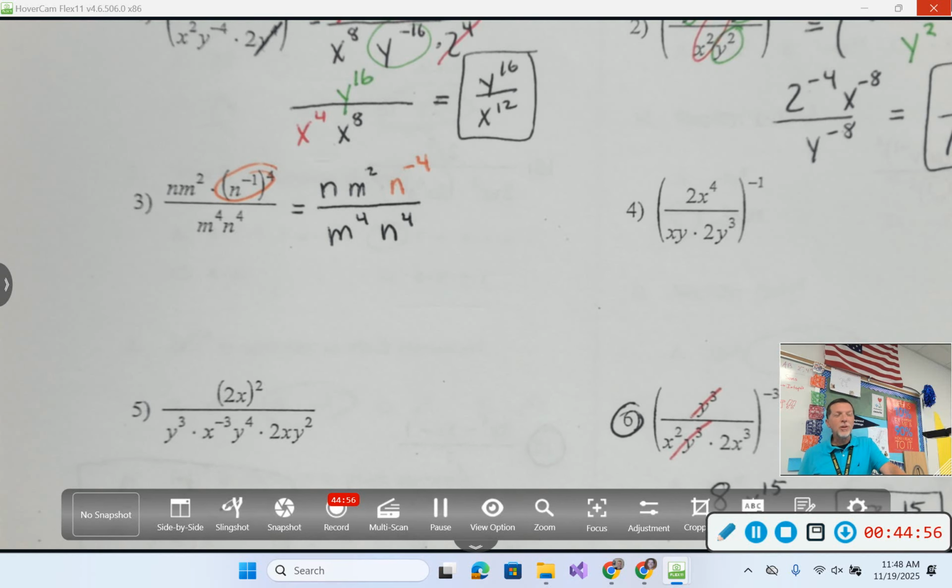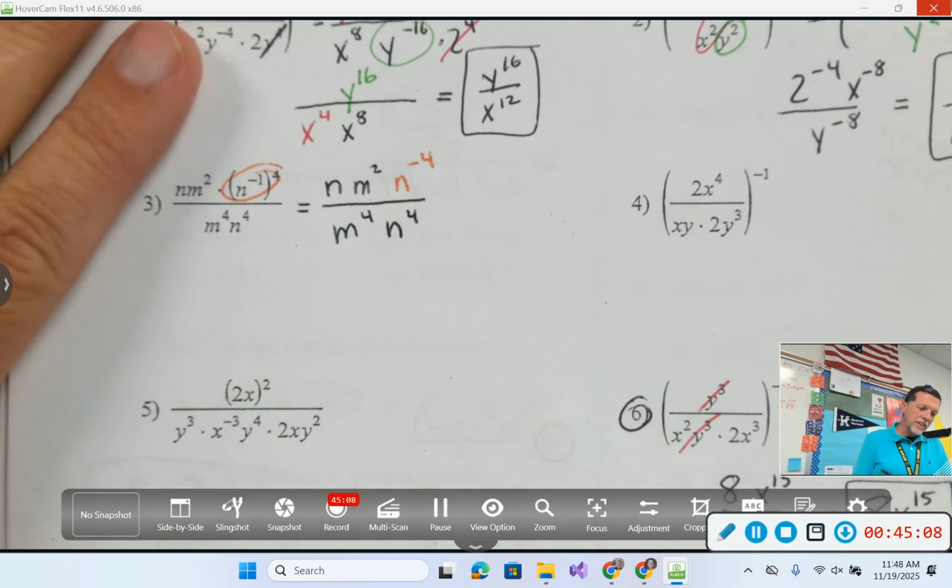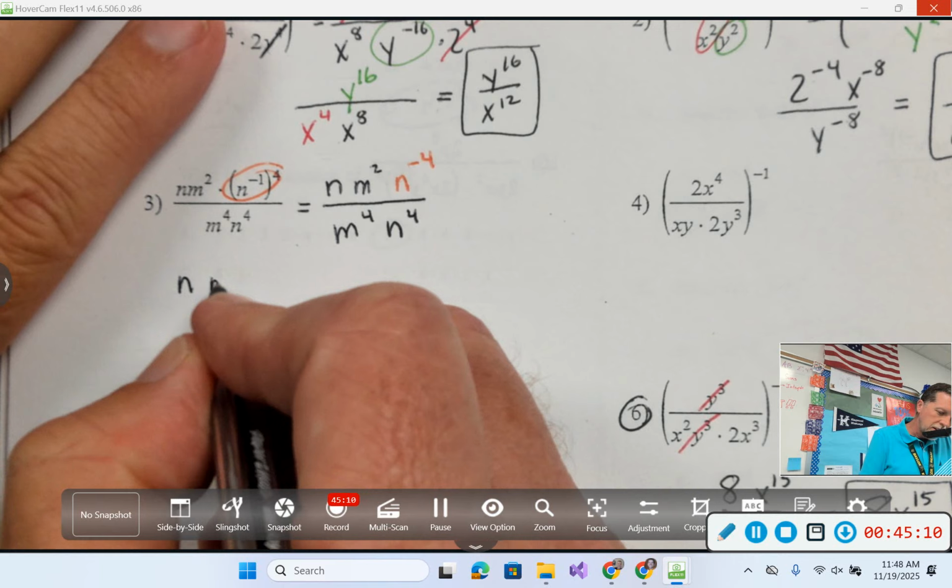Some of you are going to jump straight from here to the final answer because you're going to keep track of all the n's and write it down, and then keep track of all the m's and write it down. Good luck. Be careful. I'm going to slow down and I'm going to move that into the -4 to the bottom.